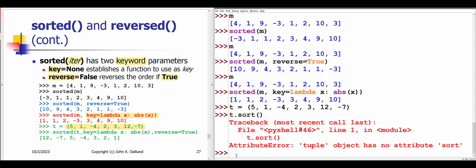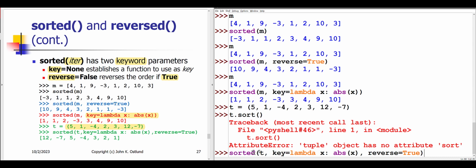But I can ask for a sorted copy of T, and I'm using the same lambda so that these are actually being sorted in order by absolute value, and I'm saying reverse equals true so that I get descending order instead of ascending order.